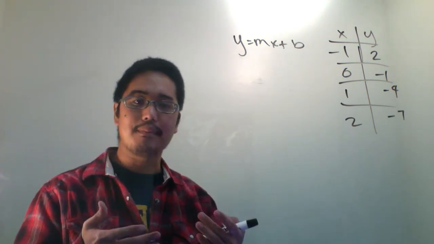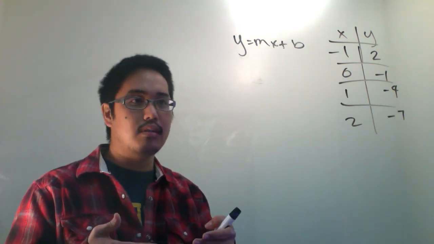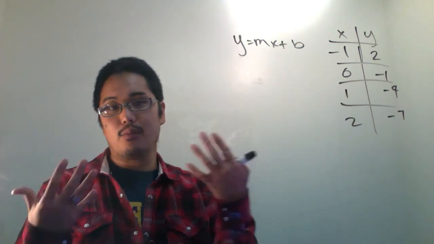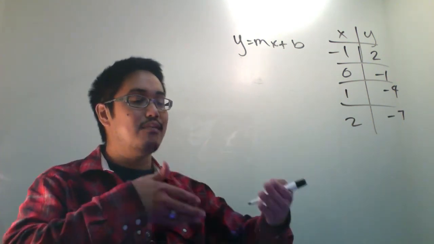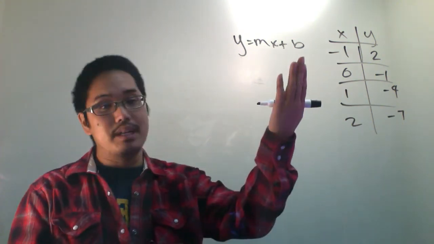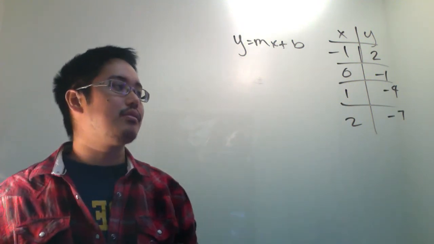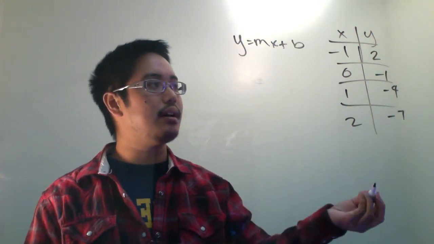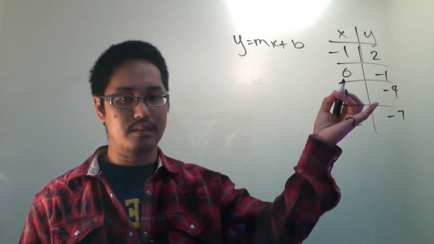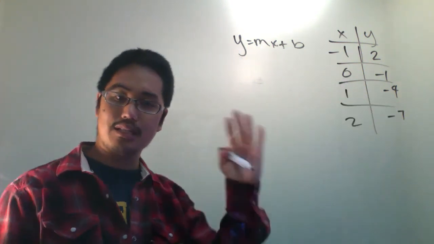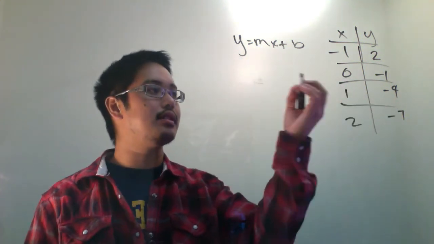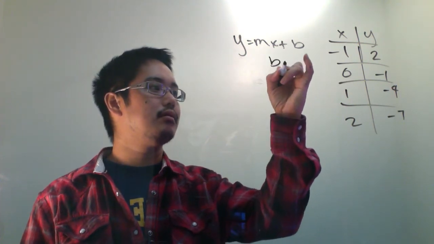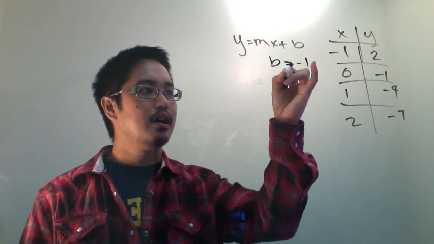Well, that always happens at x equals 0. Similarly, if you were looking for the x-intercept, you set y equal to 0. In this case, if you were looking for the y-intercept, which is what b is, you set x equal to 0. So when x equals 0, what does y equal? Well, it equals negative 1, because the point 0, comma negative 1 is on our table. That's kind of a freebie given to you. So the b is equal to negative 1. All right, we're cool with that.